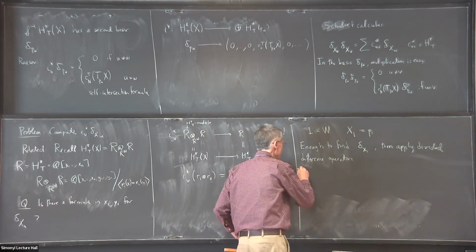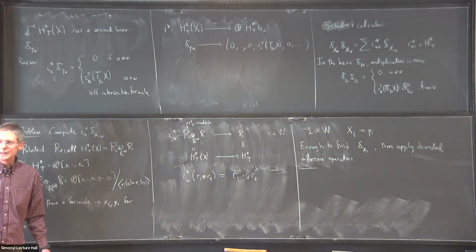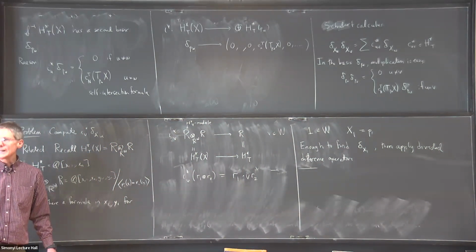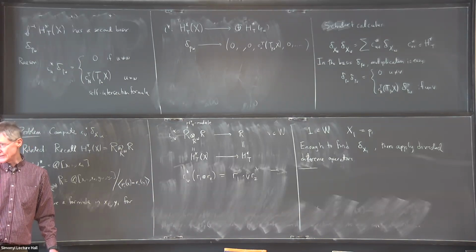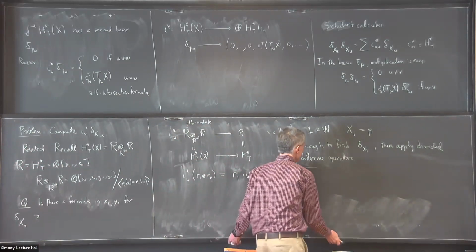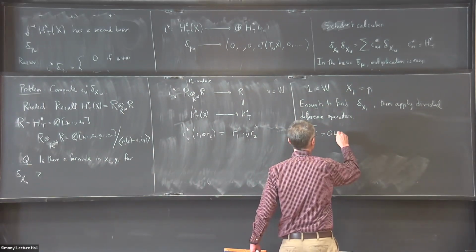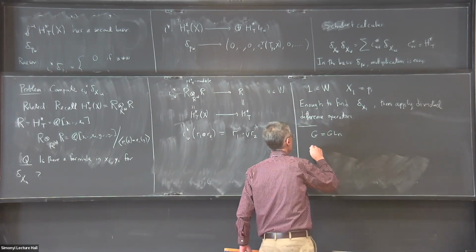Okay, so I'm going to keep you in suspense for a minute. We're going to need to use the self-intersection formula again, but I need to tell you now finally what the weights on the tangent spaces are. So remember, we're in G equals GL_n.